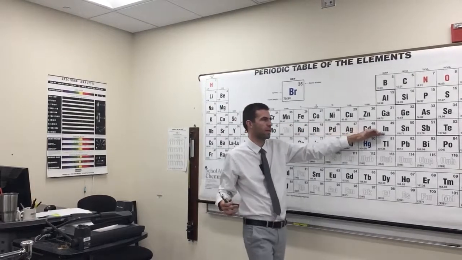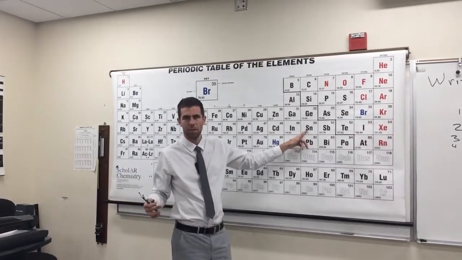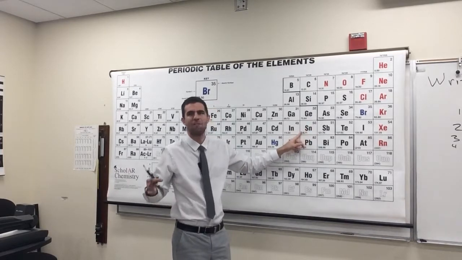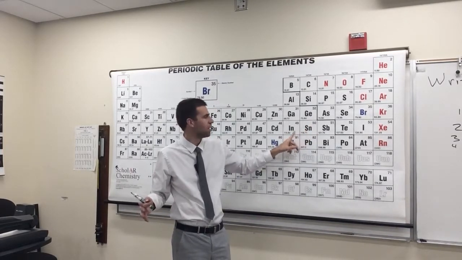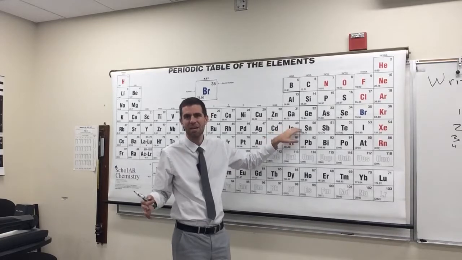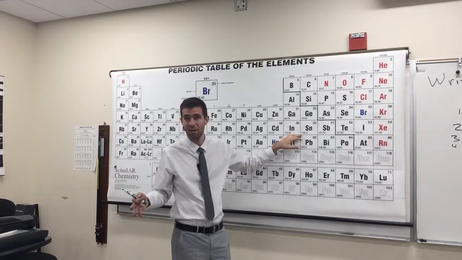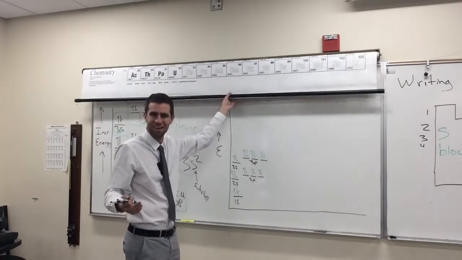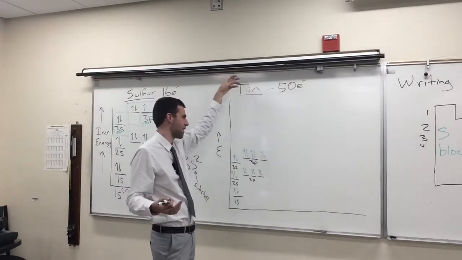Fifth row. Which block is it in? P block. What space in the p block? Second. So what is the very last thing I'm going to have? 5p2. Right? So that's kind of nice to know. So I can know that I still need to keep going, right? Little hint for you guys of how to do that.